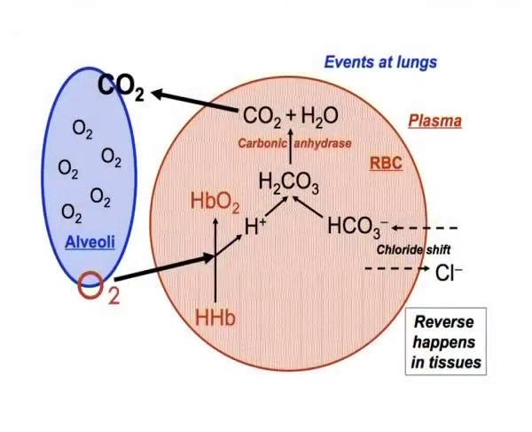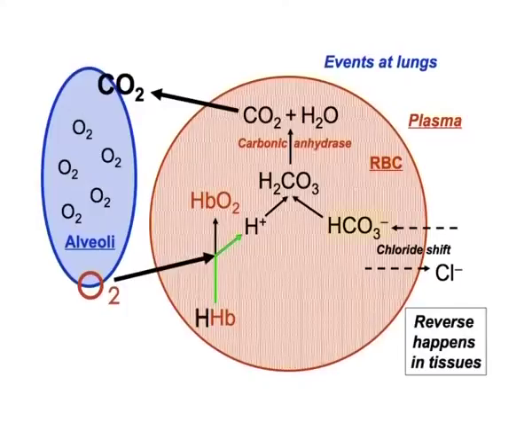When blood reaches the pulmonary capillaries, deoxyhemoglobin is converted to oxyhemoglobin. Since oxyhemoglobin has a weaker affinity for hydrogen ion than does deoxyhemoglobin, hydrogen ions are released within the red blood cells.